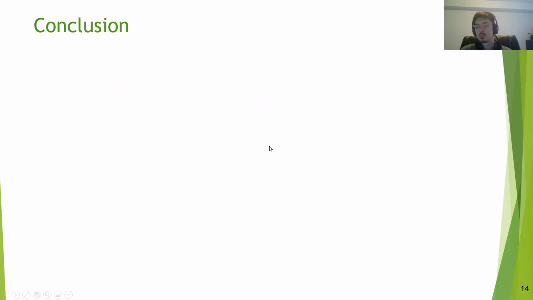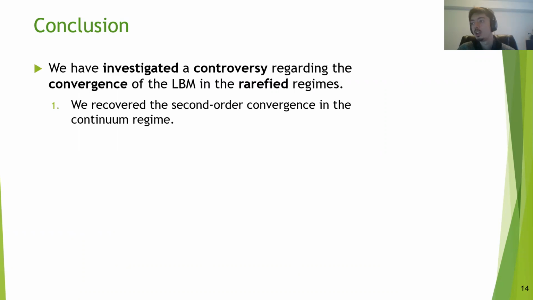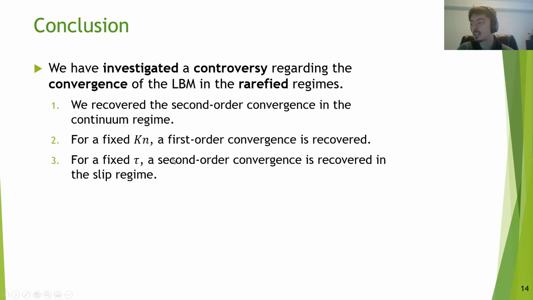So in conclusion, we have investigated the controversy regarding the convergence of the LBM in the rarefied regimes. We have recovered the second order convergence in the continuum regime for the code, so we verified that the code works. For a fixed Knudsen number, a first order convergence is recovered. But for a fixed tau, a second order convergence is recovered in the slip regime.